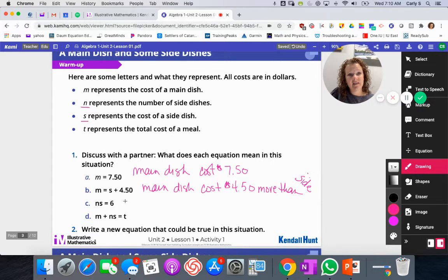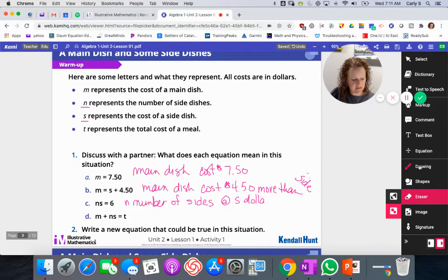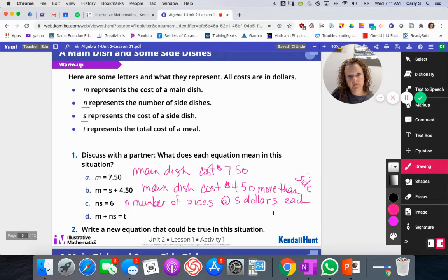So I can't use numbers of what I think, but I can say that N, the number of side dishes at S dollars, like if I buy so many side dishes at a certain amount of money, it's going to equal $6. Okay, that one's the most obscure one we've had so far.